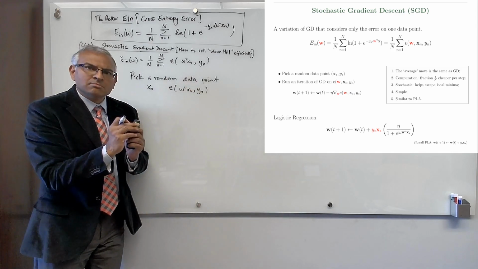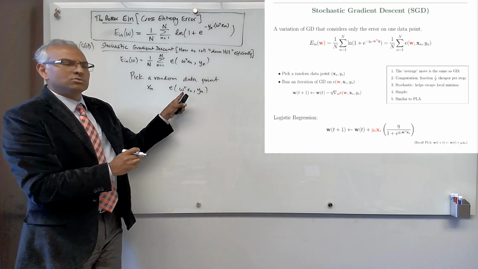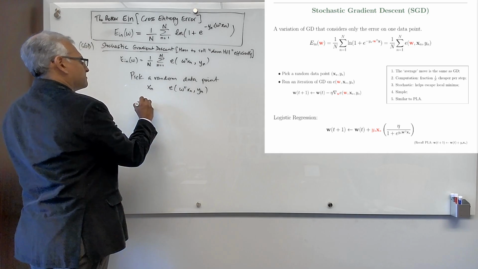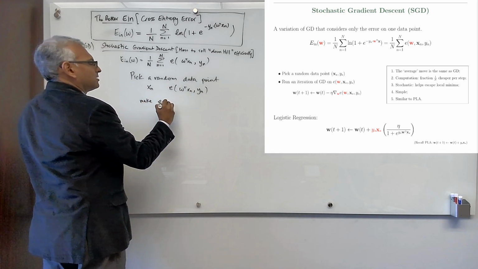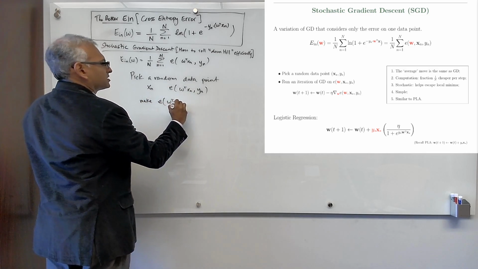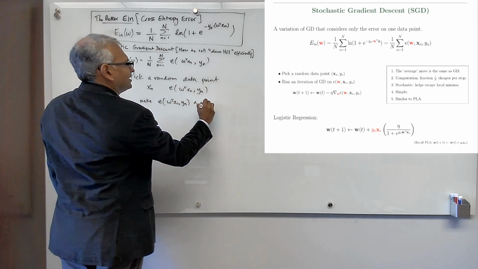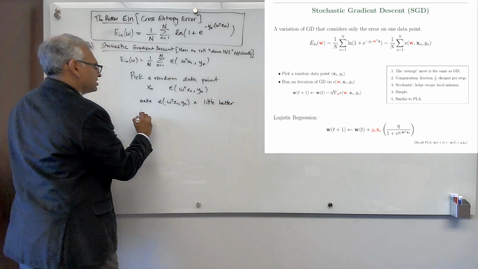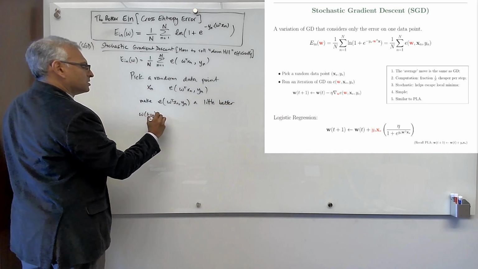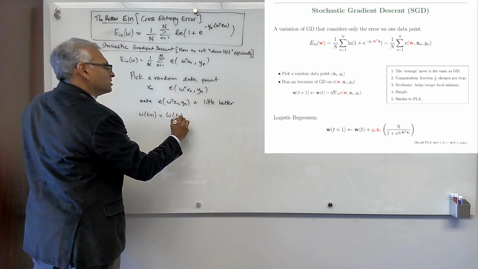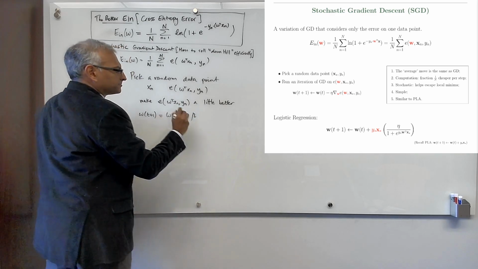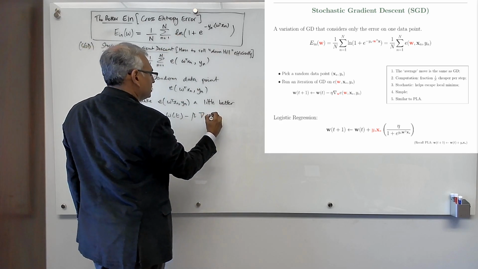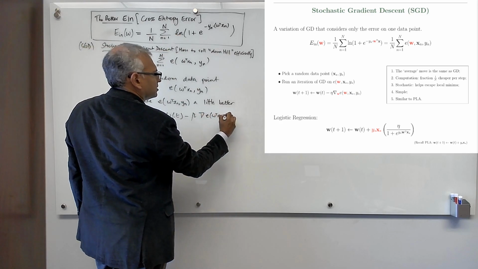In other words, make your move in your weights so that you at least make E of W transpose xn, yn a little better. So what that means is that W of t plus 1 is going to equal W of t minus your learning rate times the gradient of the little e, not the big E in, E of W transpose xn and yn.